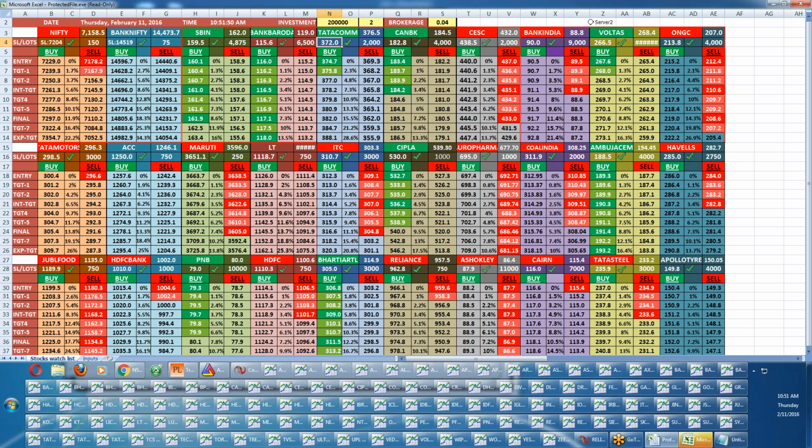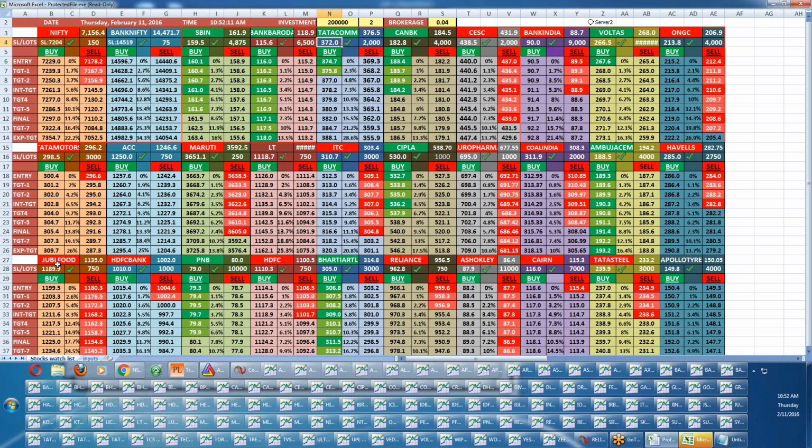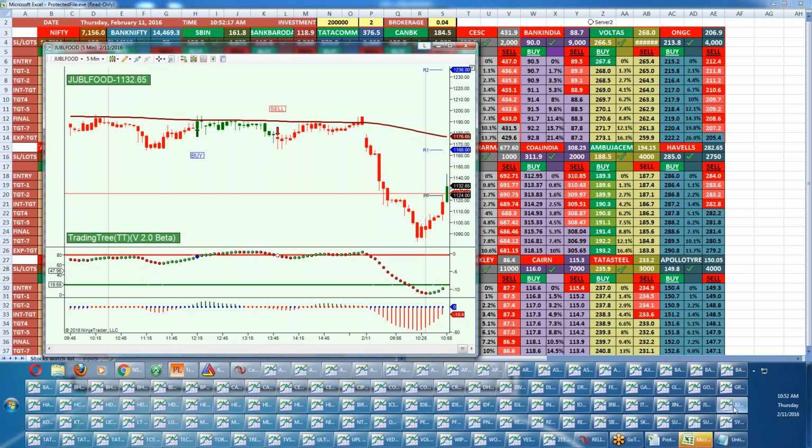Tatacom, we have a buy, in place of Jubilant Food. The reason I am removing Jubilant Food is that 1135 is the current price, and your entry is somewhere around 1200. So that's a far way to go. Maybe you can even get a buy trade in that, but I am looking at another opportunity.